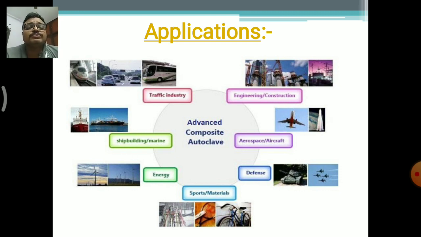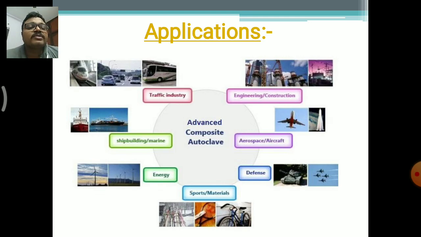Next is sports materials. In the olden days they were using iron framed bicycles, then it developed to being constructed with alloy. Today, for lightweight purposes or reducing the weight of cycles, we are using FGM materials.